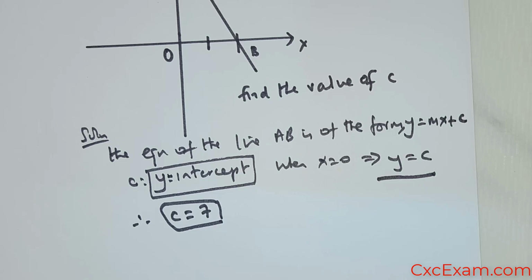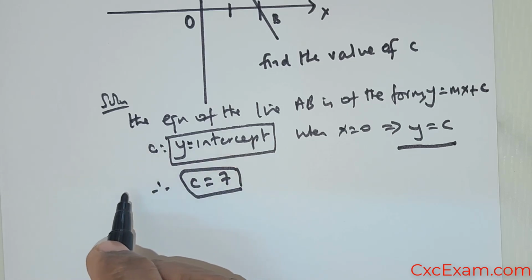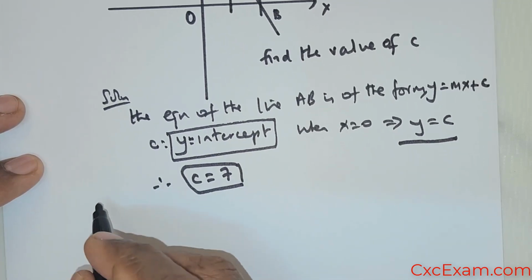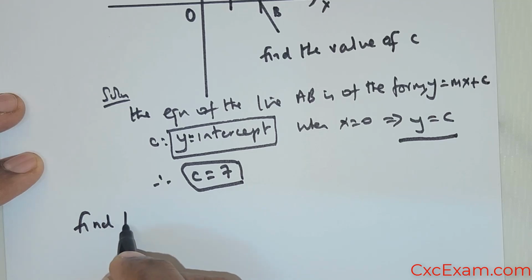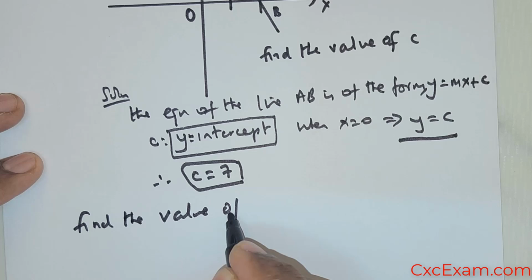Now you have the next question. What is the next question? The next question is to find the slope. Okay, let me write the question down. Find the value of m.